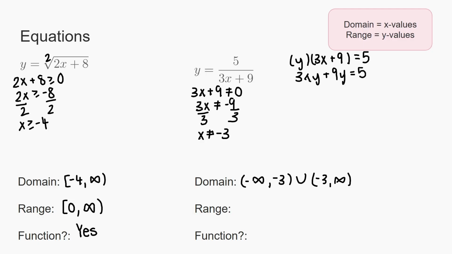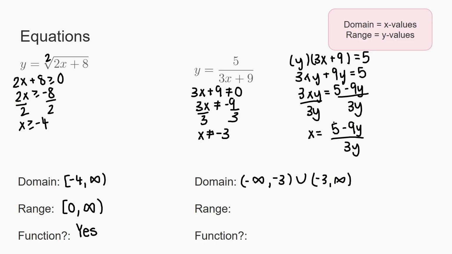Now, let's solve for x here. Let's move 9y to the other side. We get 3xy equals 5 minus 9y. Divide both sides by 3y because we want to isolate this x. And we get x equals (5 minus 9y) over 3y.